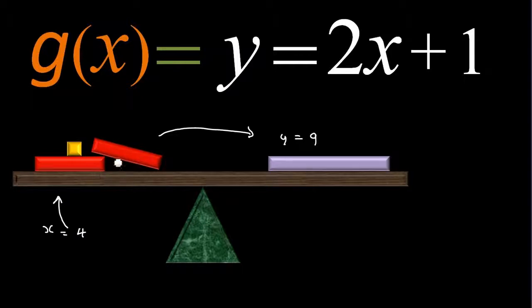So x represents any value that we want to plug into it. Something very different with the y variable, though, is going on, in that y can't be any value at all. Y is a dependent variable. It depends entirely on whatever's going on over here.